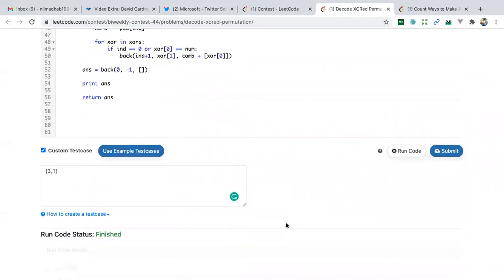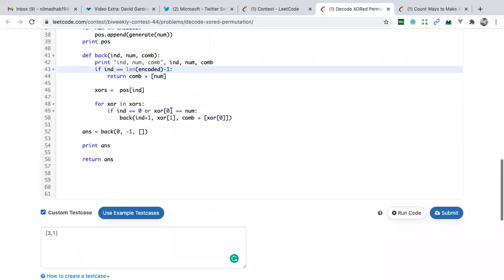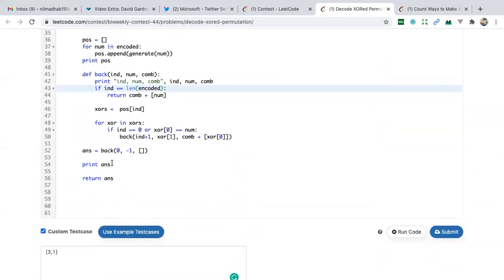So when it is 2 and 3, index is 2, number is 3. I need to maybe send index 0, no, we are sending 0 index, right? So 0, 1, 2.